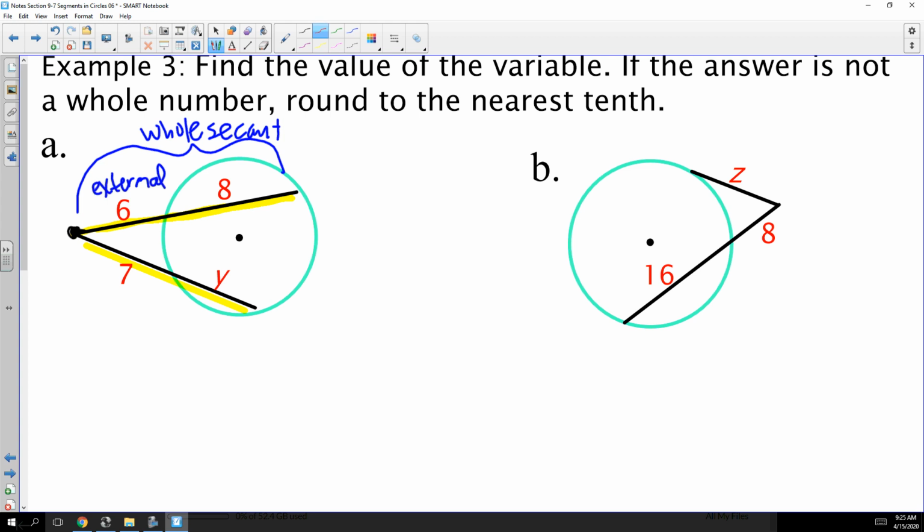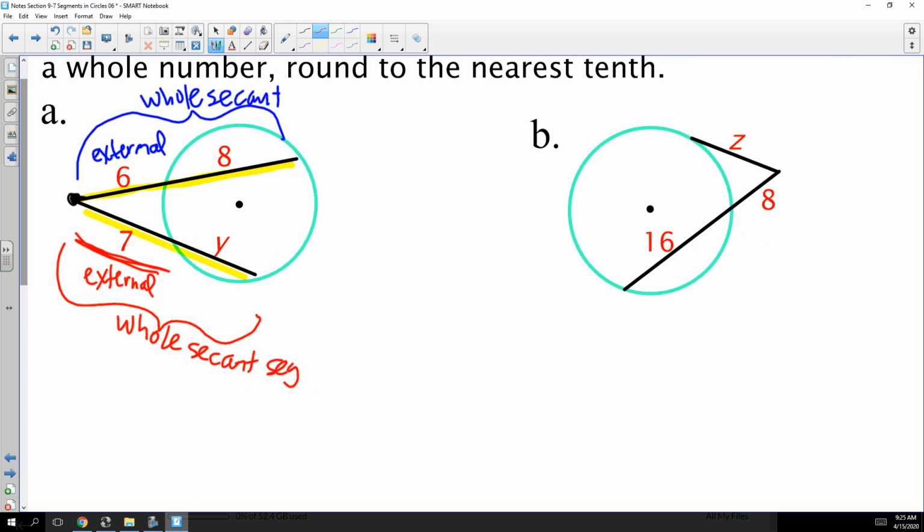And then we also have an external piece here, which is 7. And then we have the whole piece, which is going to be 7 plus y. So don't forget to add carefully a little bit, okay?